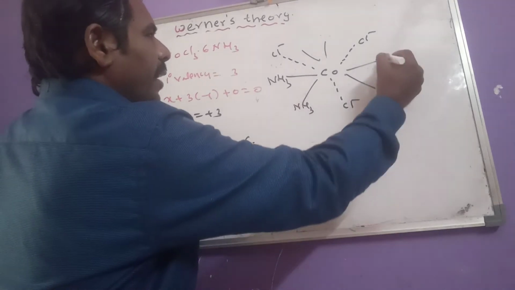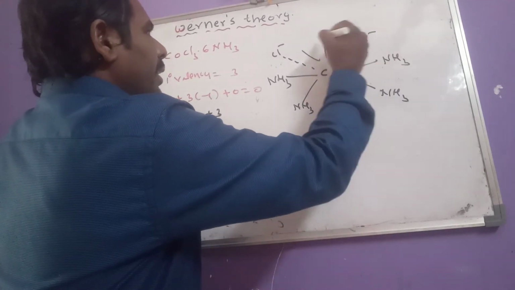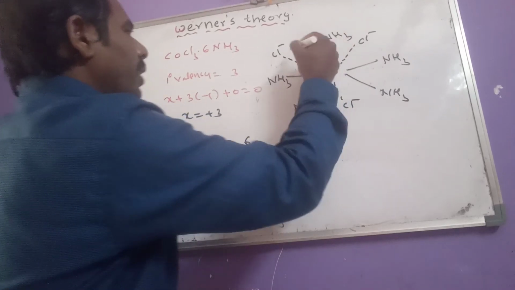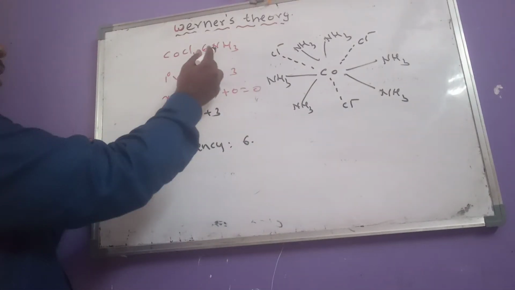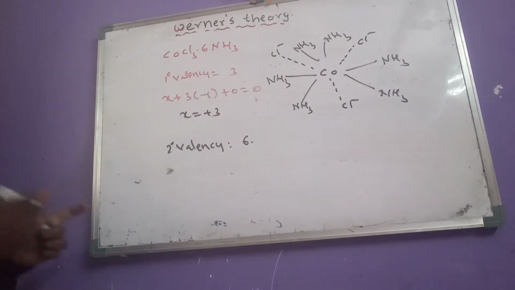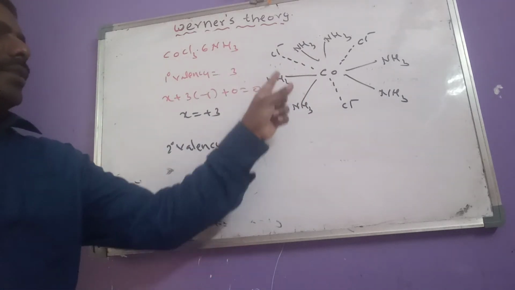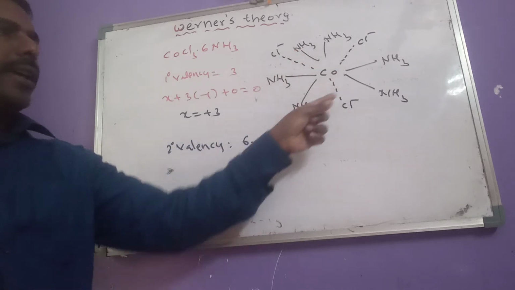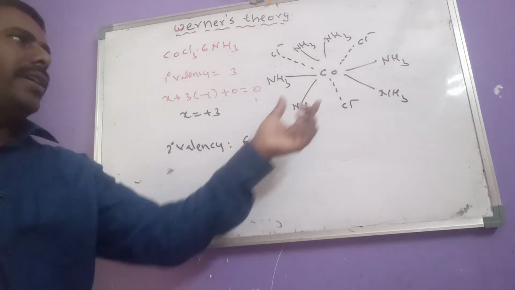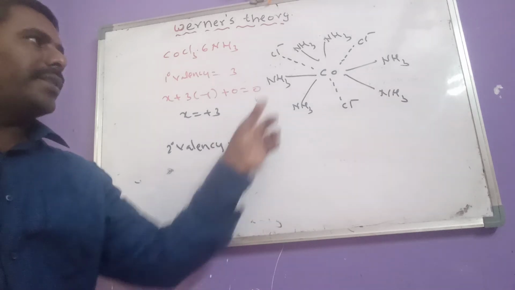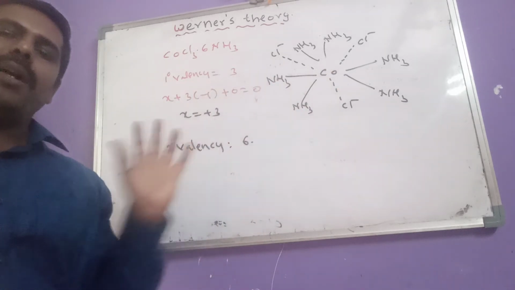If they are not available, negative ligands will take that role also. But no need to worry now. 6 ammonia molecules are there, so they can satisfy the secondary valency. As 3 chloride ions are bonded with primary valency, only those ionize from this complex, not the remaining ammonia molecules.